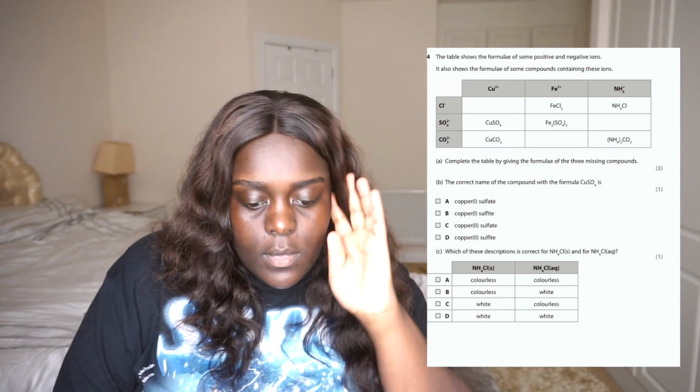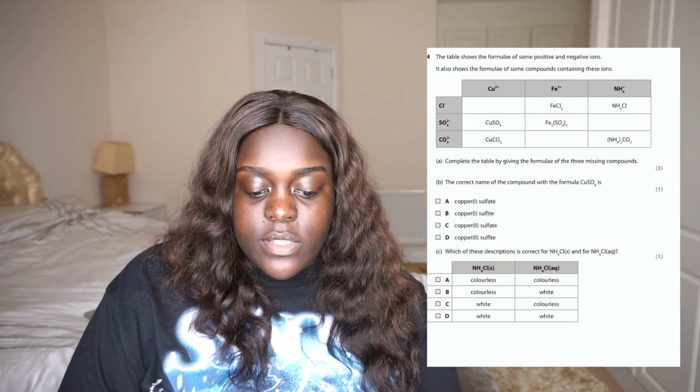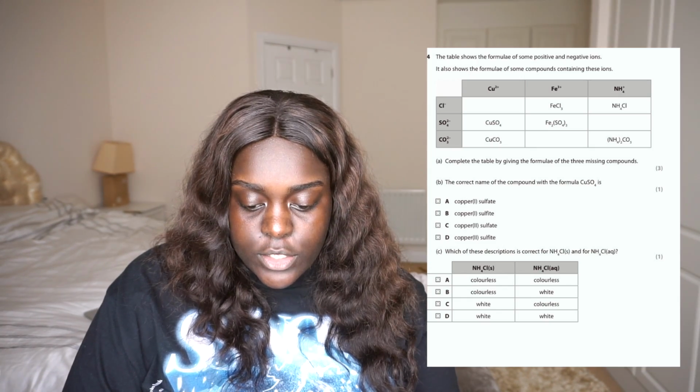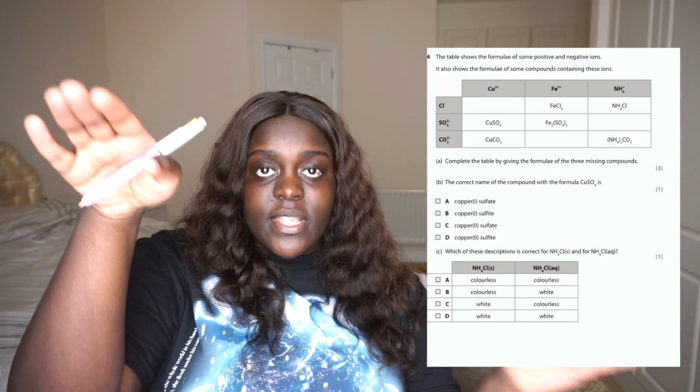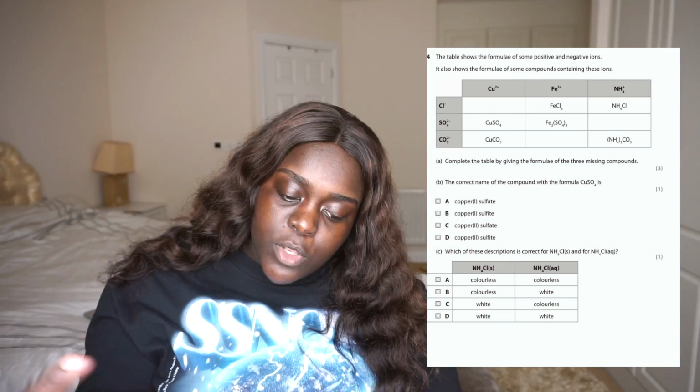Perfect. The table shows the formulae of some positive and negative ions. It shows the formulae of some compounds containing these ions. Okay, so it's like this plus this is that. So Cu2+ and Cl-.